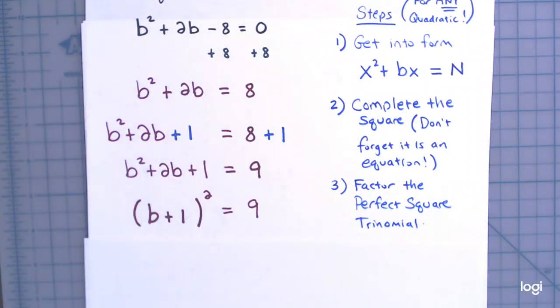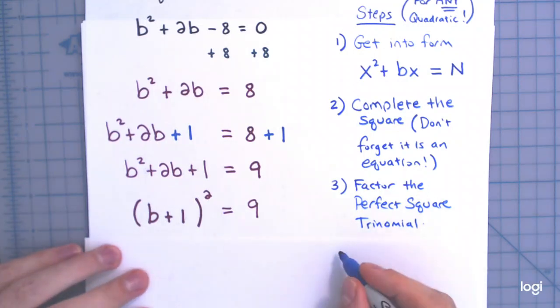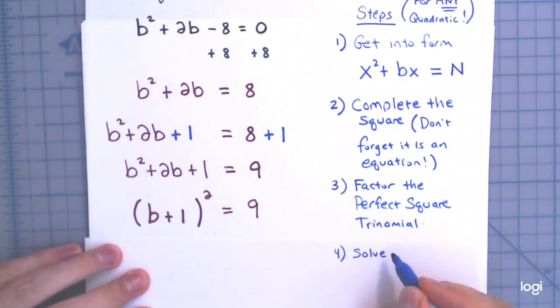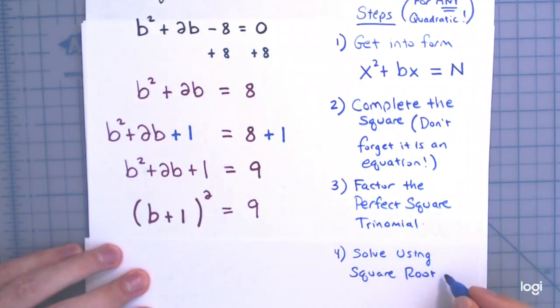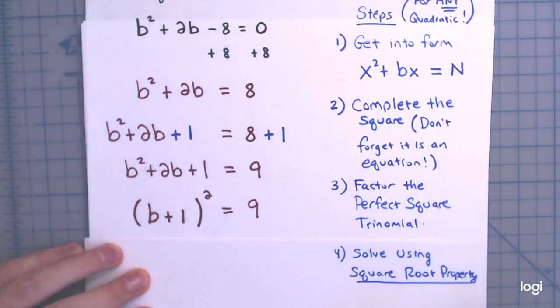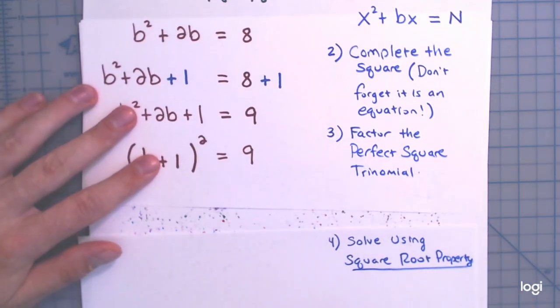So remember, in those cases, you can solve a quadratic equation with the square root property. So solve the equation using the square root property, and I'll refresh your memory as to what that is right here. All right, so what was the square root property? That was the following.